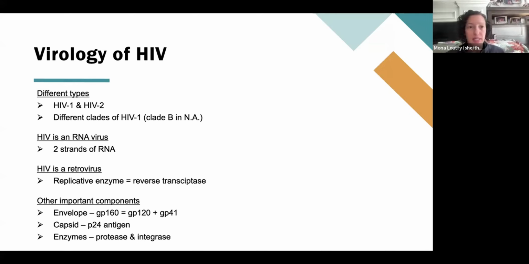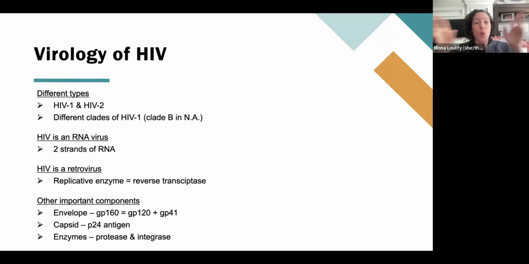That would be A, B, C, D, E, F, G clade. And then they can recombine. So you can have like AE clade, AFG. That would mean that one person was infected with a clade A virus and also a clade E virus, and the virus recombined to form a clade like AE.